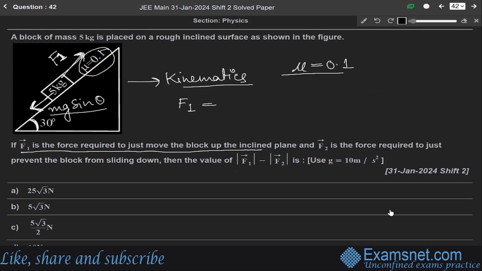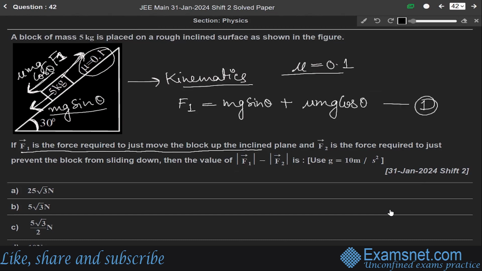Also the frictional force will act in the downward direction, since we are applying the force in the upward direction. So this friction force will be equal to mu mg cos theta. Okay, so according to this, F1 will be equal to mg sin theta plus mu mg cos theta.